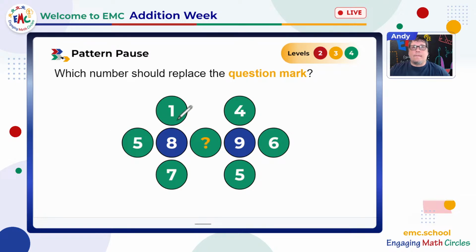Okay. I have 1 and 7, 5 and something, and in the middle of all those is 8.